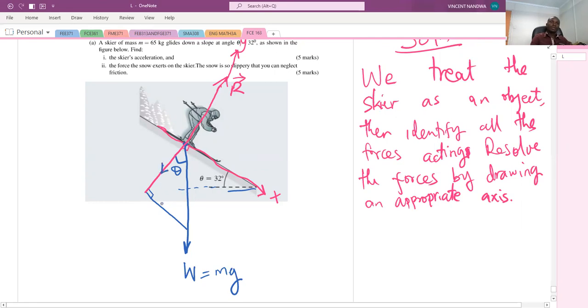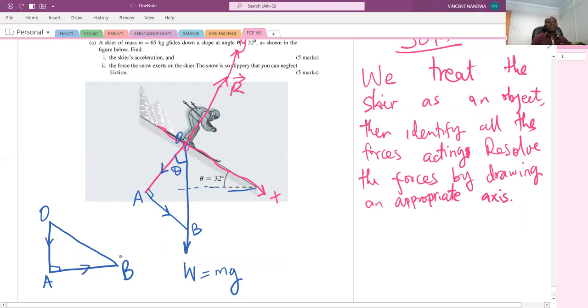If I call this point O, this point A, and this point B, the directions are OA and then AB.